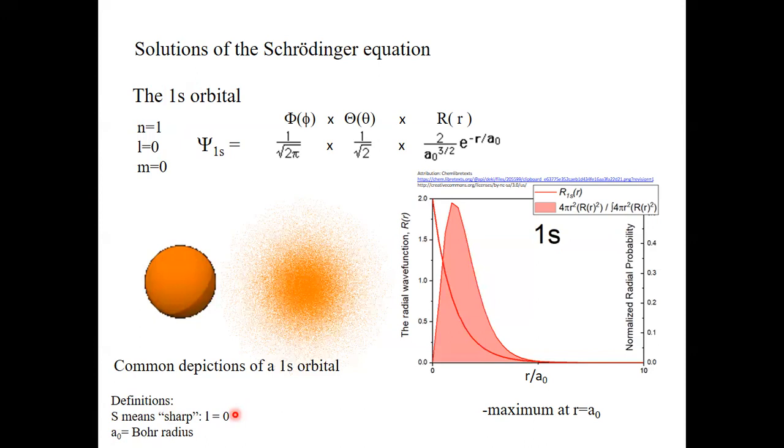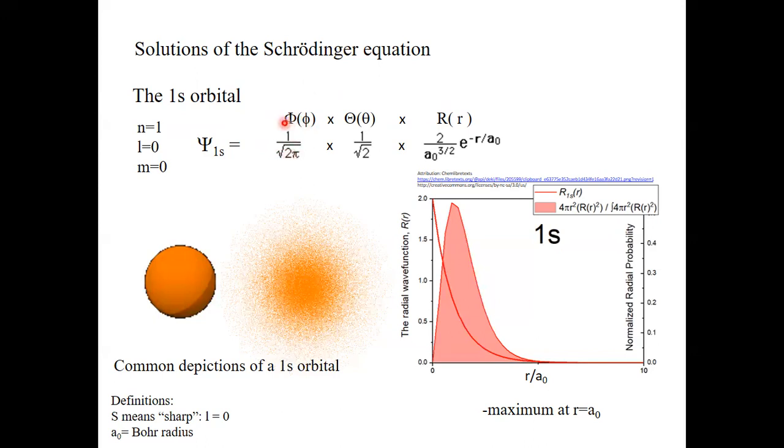So if you enter n equal to 1, L equal to 0, and m equal to 0 and calculate, then your wave function adopts this form here. And that's essentially the wave function for the 1s orbital. It's shown here as the product of the two angular wave functions and the radial wave function. When you analyze that wave function, you see that the two angular wave functions are simple numbers.